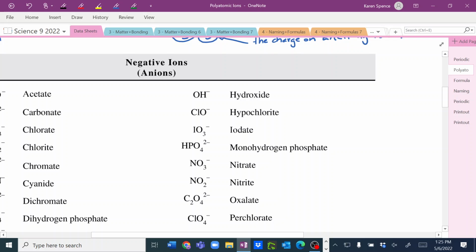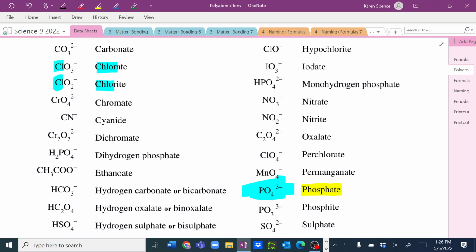We go down here, there's phosphate. It is PO4, 3-. Okay, and mostly you'll be able to find things with P in them in the P's, things with chlorine in them in the Cl's. Okay, we've got chlorate, chlorate. However, you might need to dig a little harder sometimes because they are alphabetical by name.